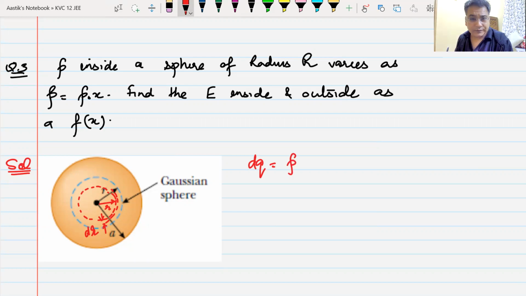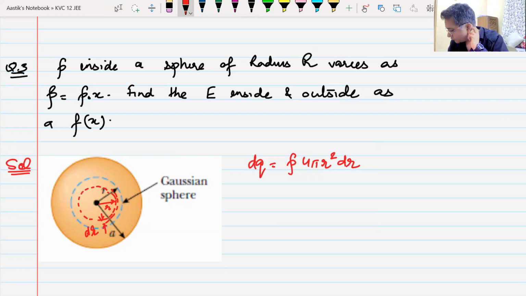It will be rho, the charge per unit volume, multiplied by the volume of the shell, which is 4 pi r square dr. That is the small charge inside this small volume. Everyone understands this? Yes or no?